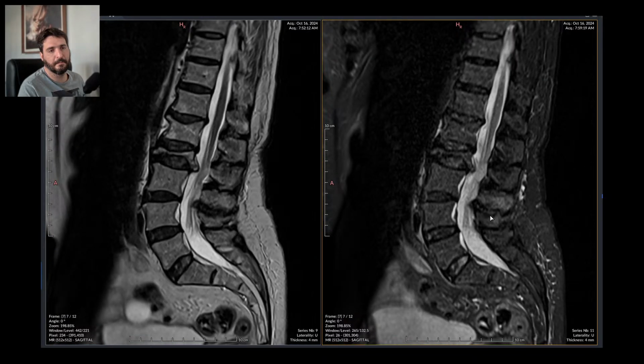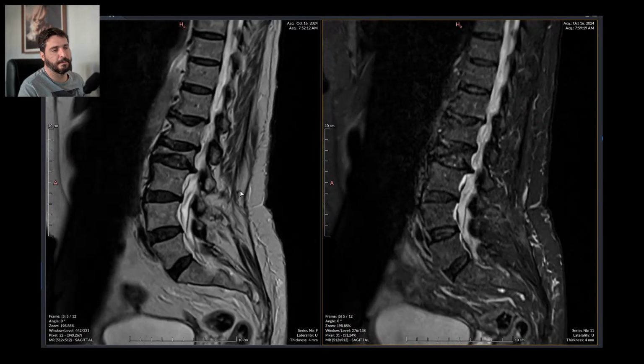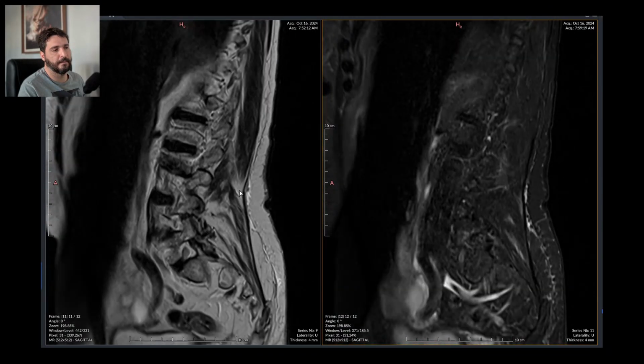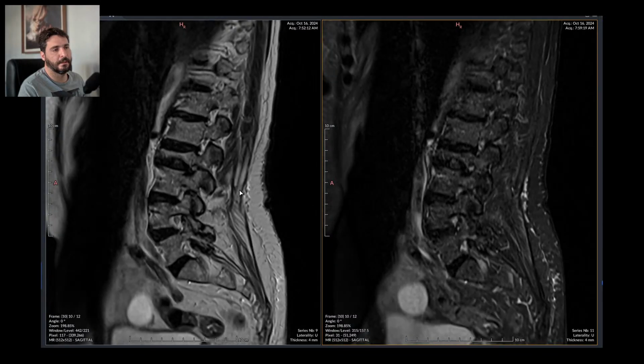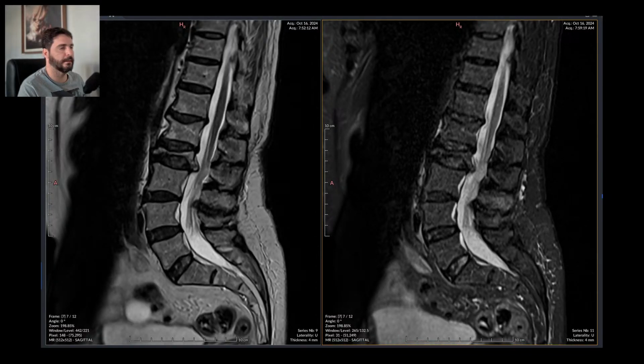See, edema, deformities, and pseudoarthrosis between the spinal ligaments. It's an interspinous pseudoarthrosis. So let's report this before it's too late.